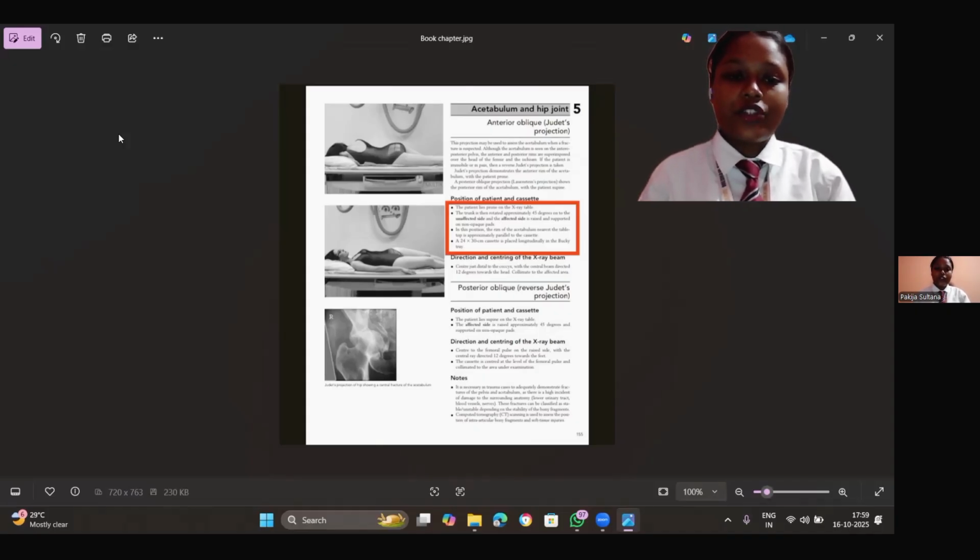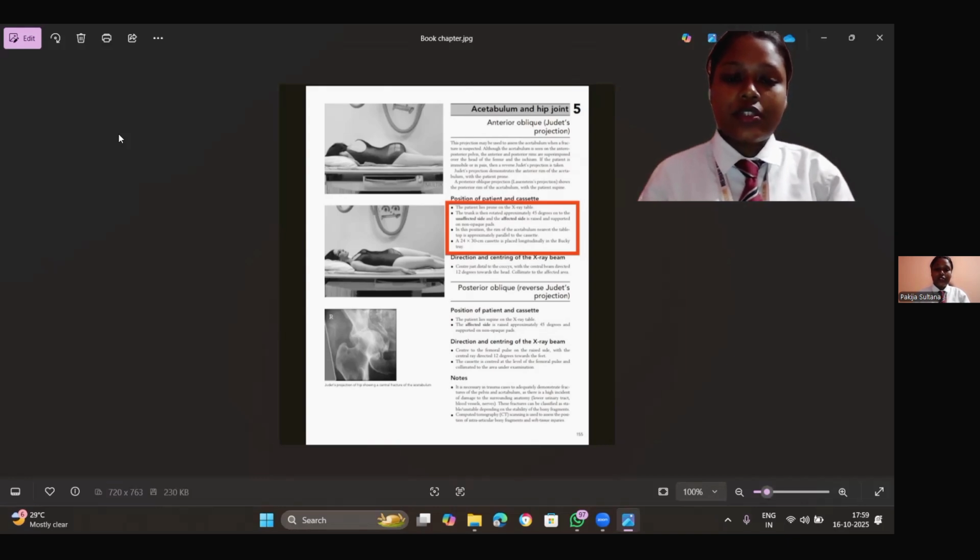Anterior oblique position of the patient. The patient lies prone on the X-ray table. The trunk is rotated about 45 degrees toward the unaffected side, while the affected side is raised and supported on non-opaque pads.